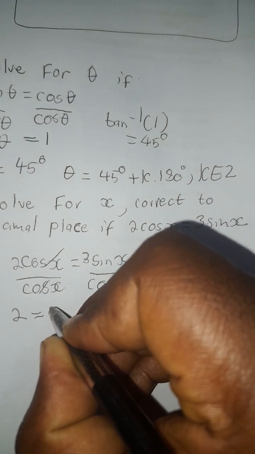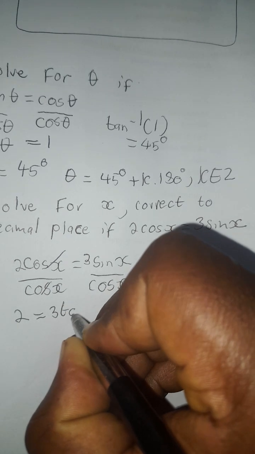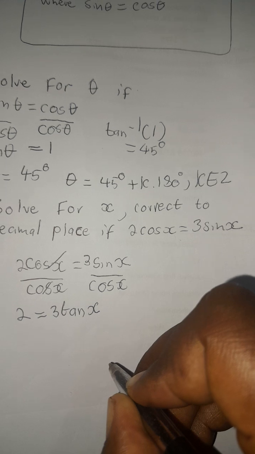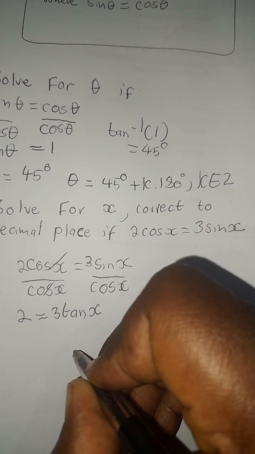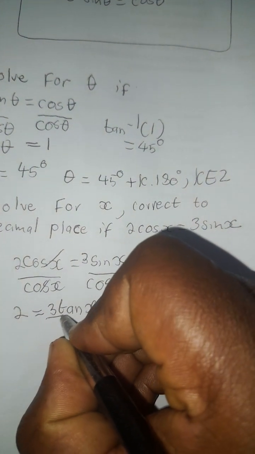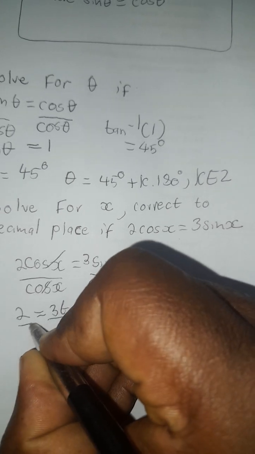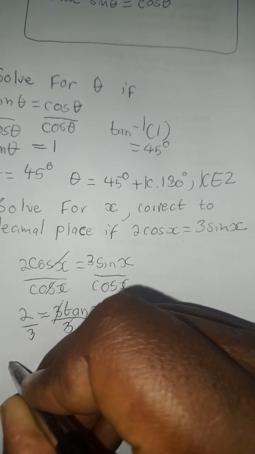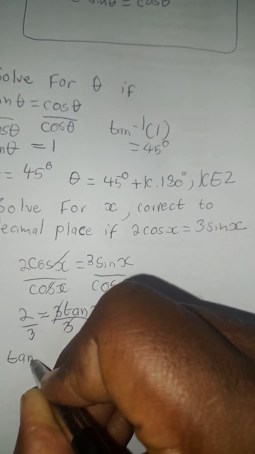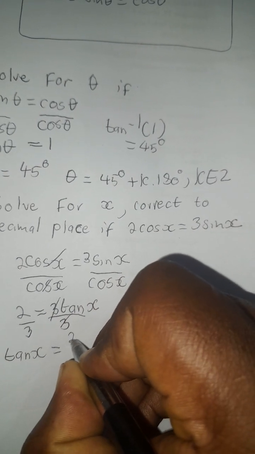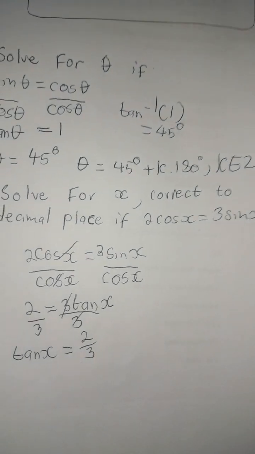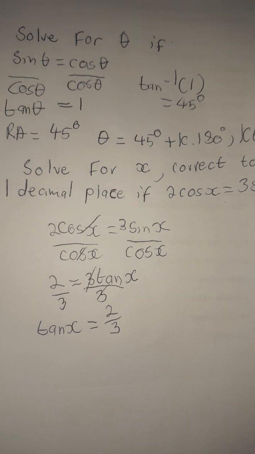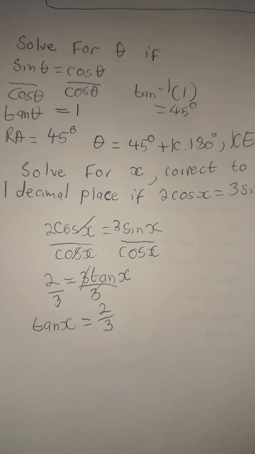Then sine all over cos will be 3 tan x. Because we want to make tan the subject, we'll divide both sides by 3. This will cancel, and we'll be left with tan x, which is equal to 2 all over 3.